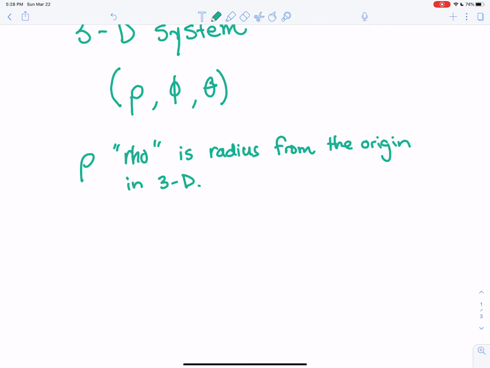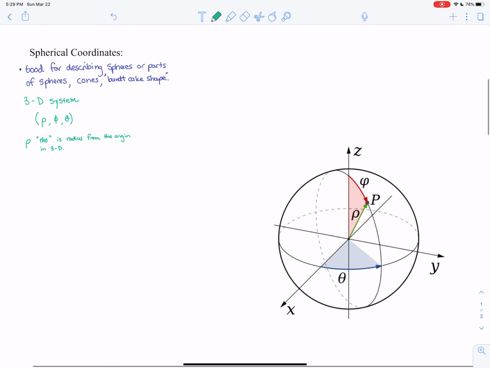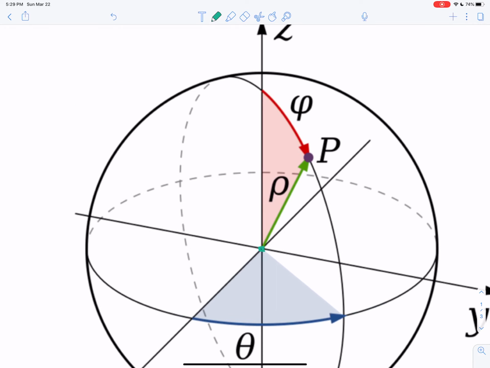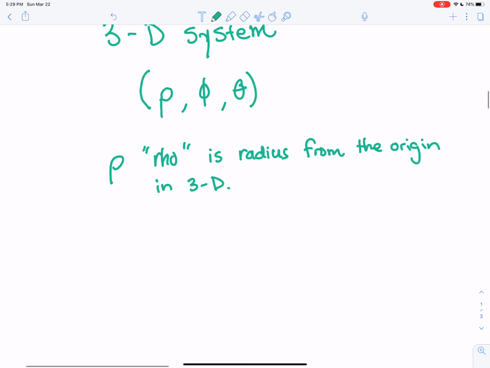Right, so it's just like R in polar, except we use rho to specify the fact that now that R is not just in the 2D plane, but it can be in 3D. So it's just a radius from the center, and you can see that here. So from the origin to your point, right, it's just a 3-dimensional radius to your point. So there's the first variable.